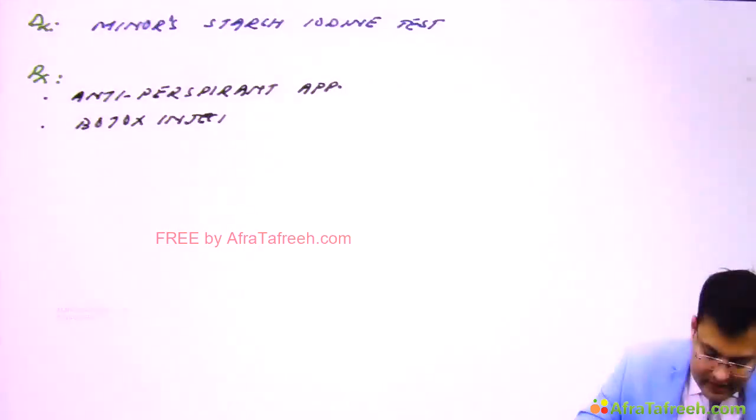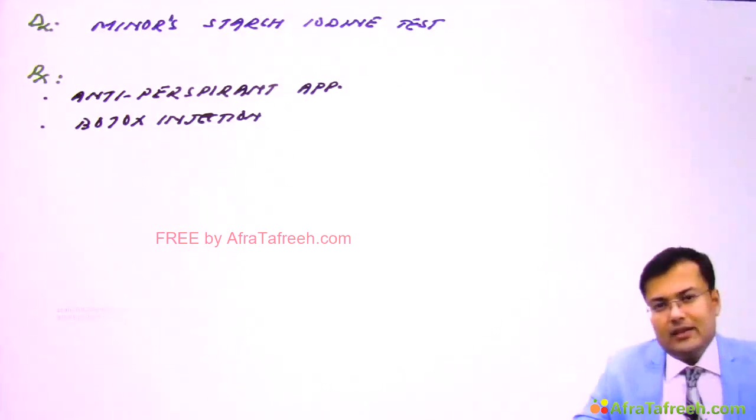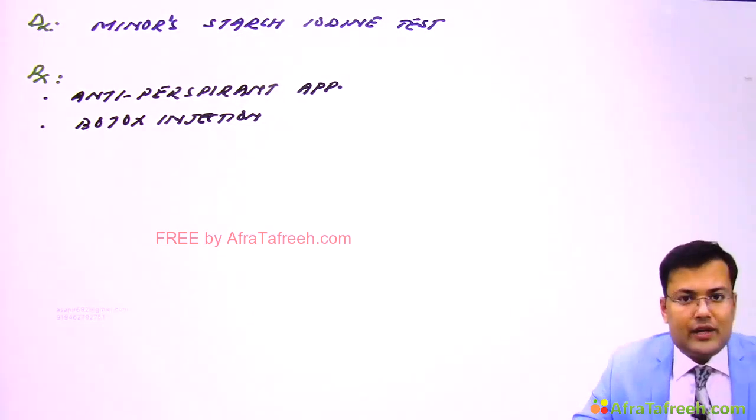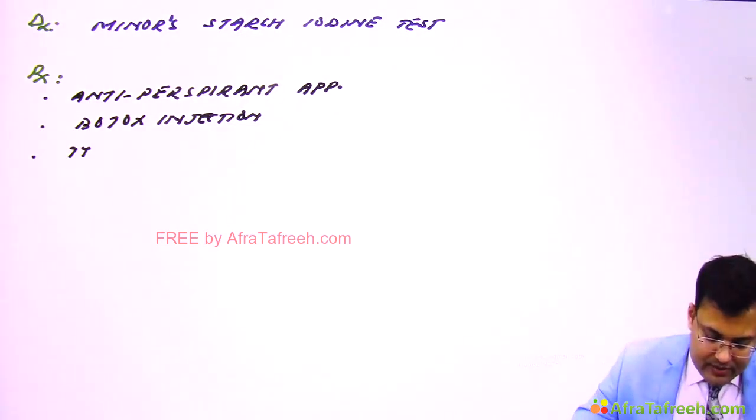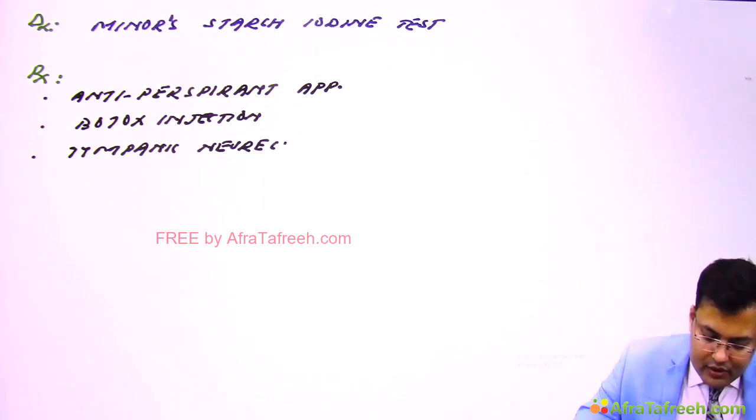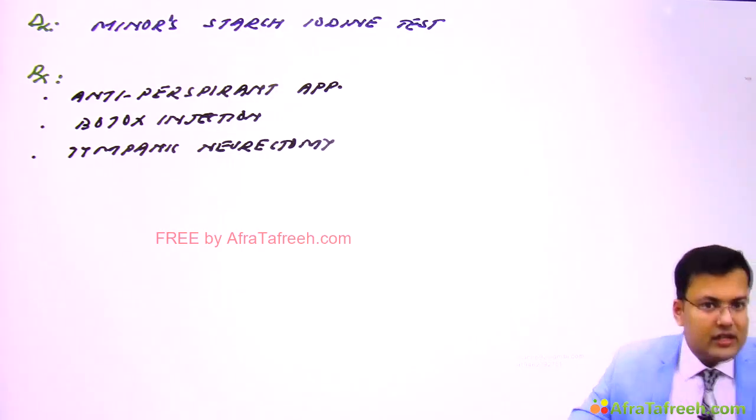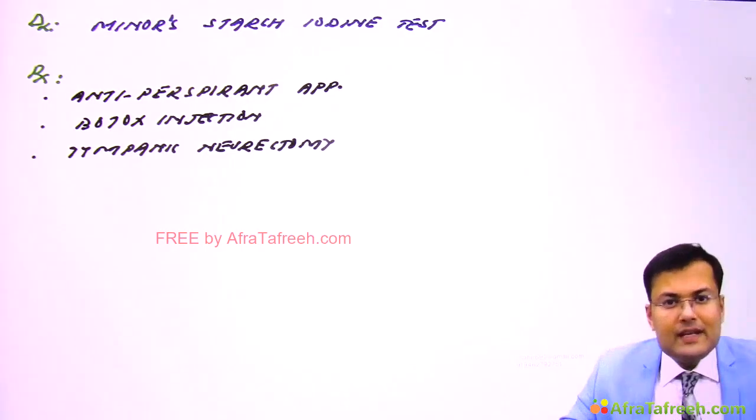We can go for Botox injection. Clear? And in non-responding cases, we can go for tympanic neurectomy. So the third option we have is tympanic neurectomy. Clear? For non-responding cases. So this is how we manage patients of Frey syndrome.